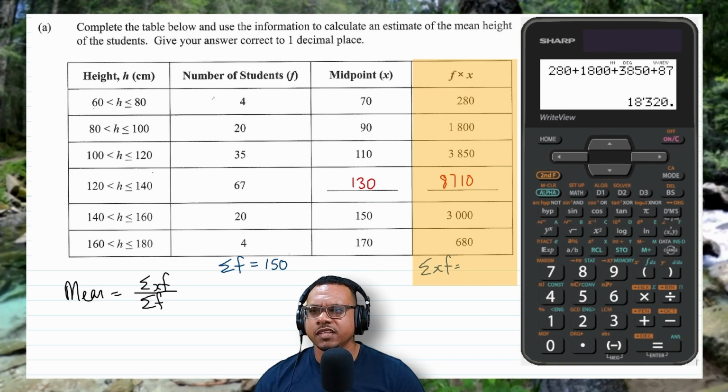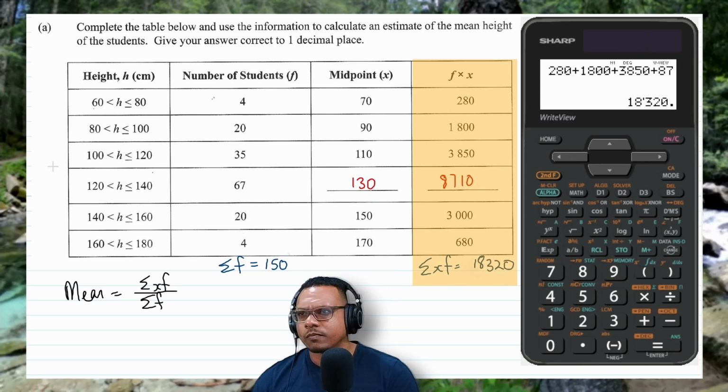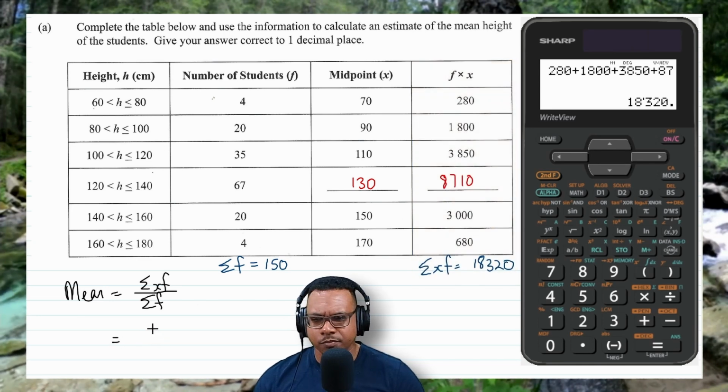And I would get 18,320. So I'm writing here 18,320. So now to work out the mean, my sigma xf would be 18,320 divided by sigma f, which is 150.